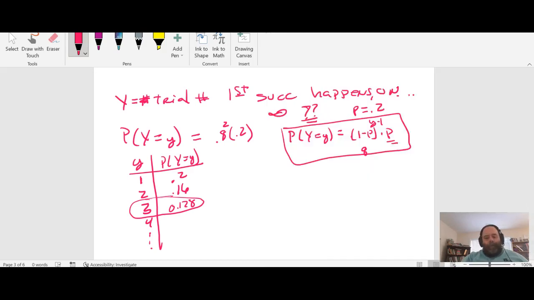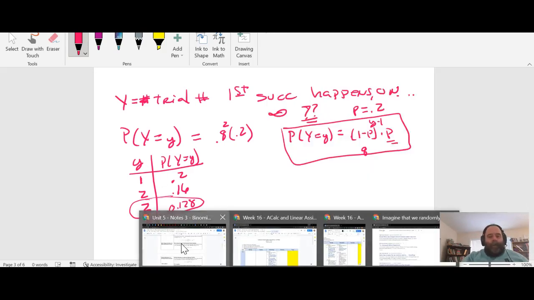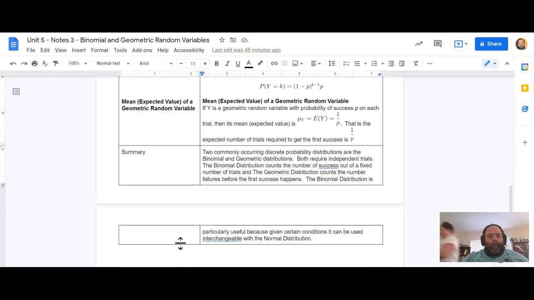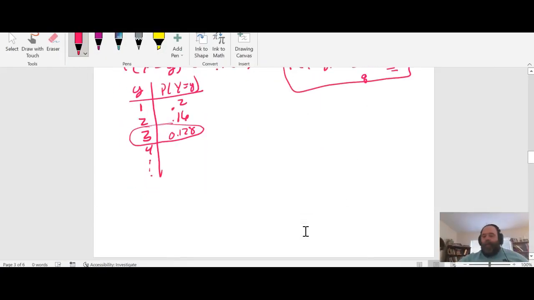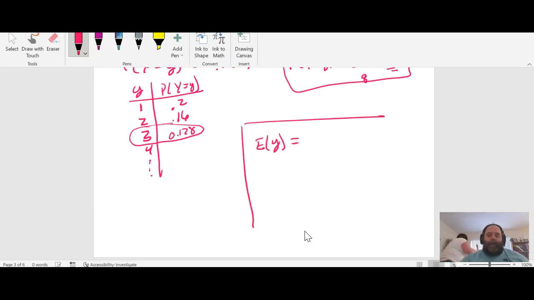Now, if you look in the notes, they give you the expected value, the mean, for the geometric distribution. They don't give you the standard deviation. It's a little more complicated than what we need for this course. But expected value is really simple. The expected value of y is just 1 over p.